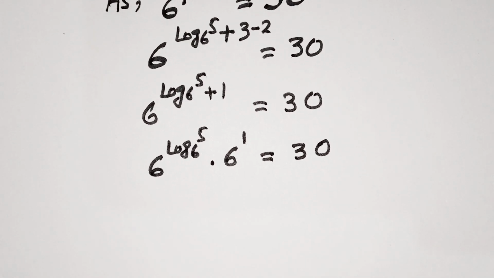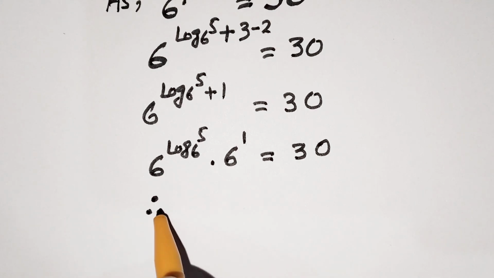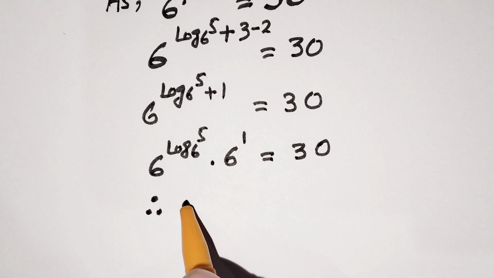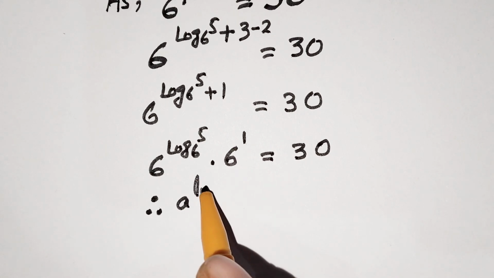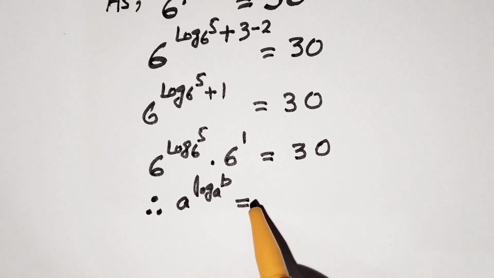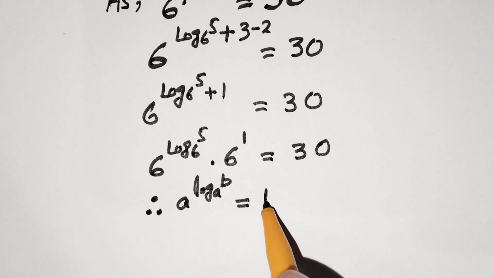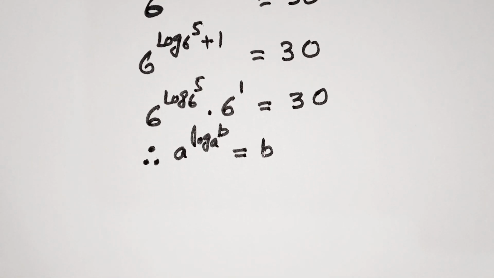We know that a raised to the power log base a of b is equal to b. It's a rule of logarithms.